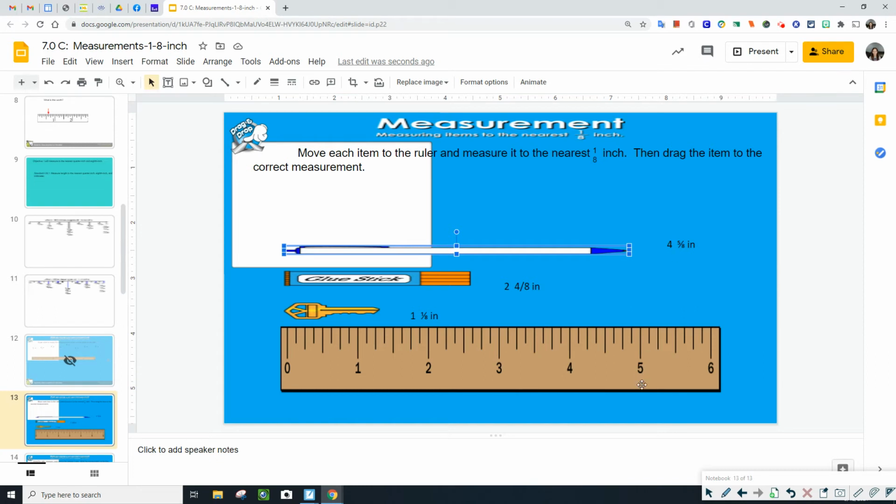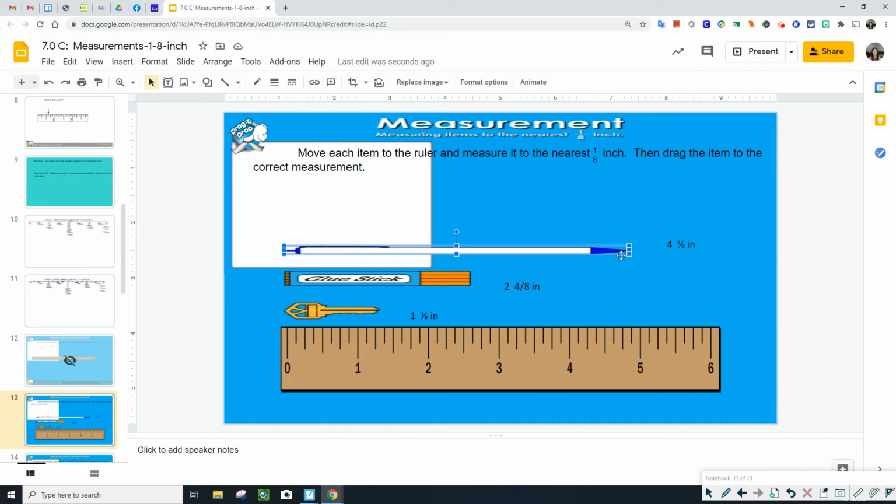Let's see. Oh, 1/8. This is a half, so that would be the same as 4/8. This right here is 5/8. I counted wrong the first time.